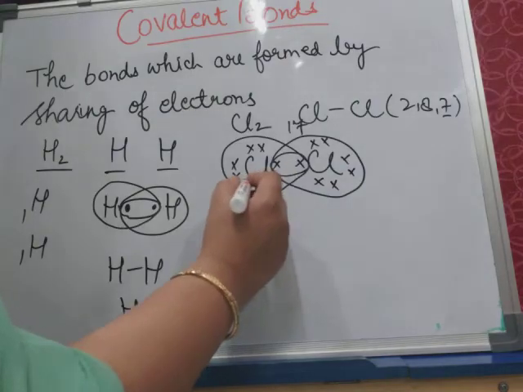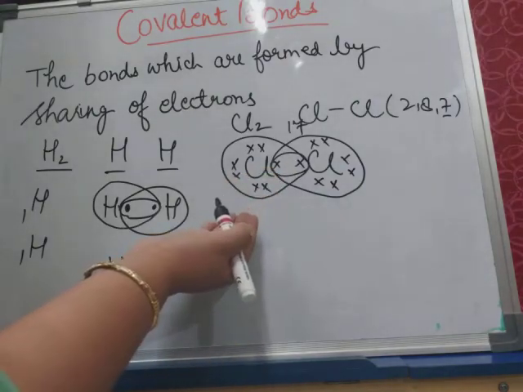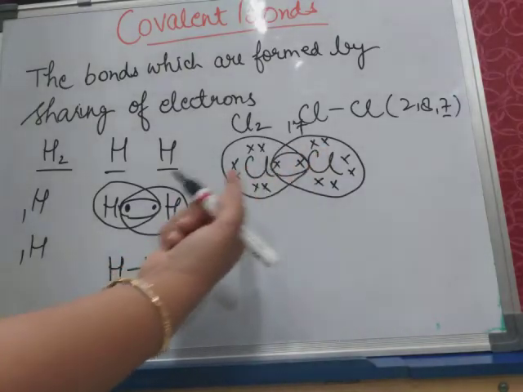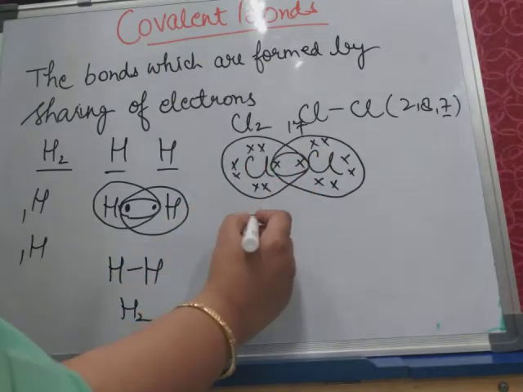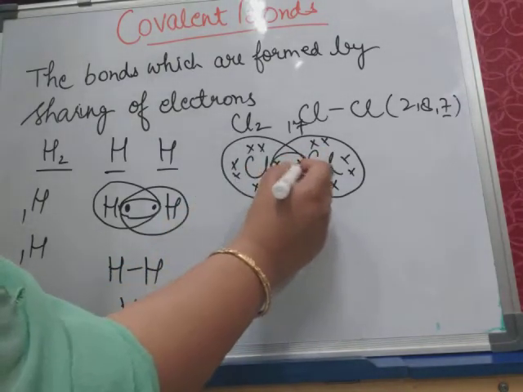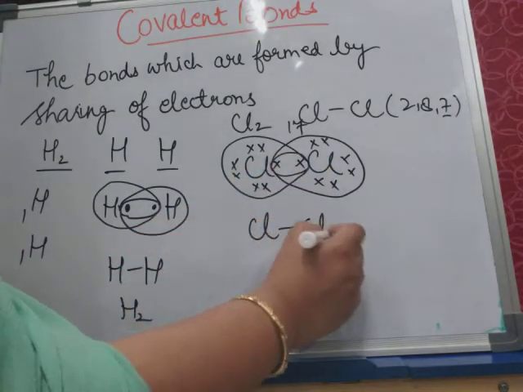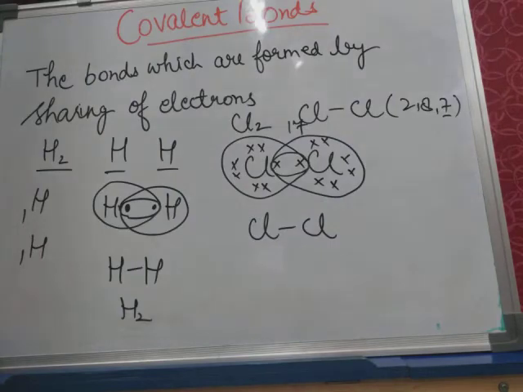It will also have electronic configuration 2, 8, 8, and this will also have the electronic configuration 2, 8, 8 after sharing of electron. So here also only two electrons are shared, one each. So a single bond is formed between two chlorine atoms.